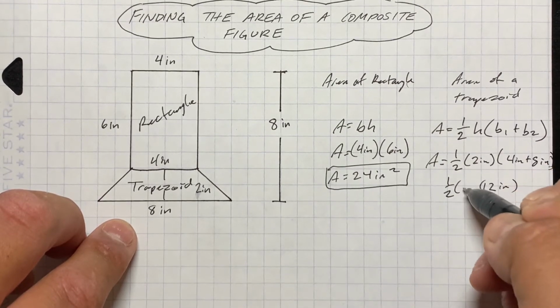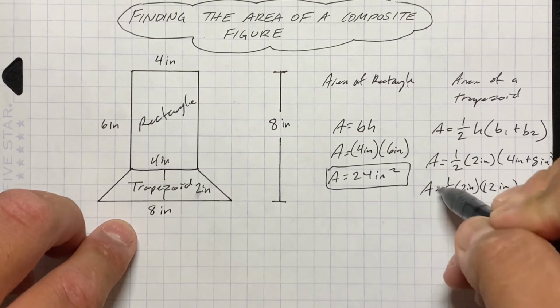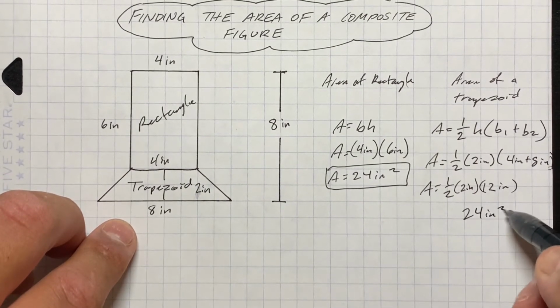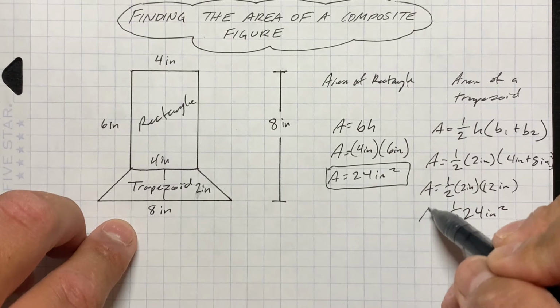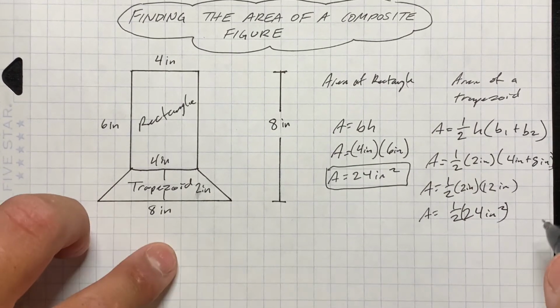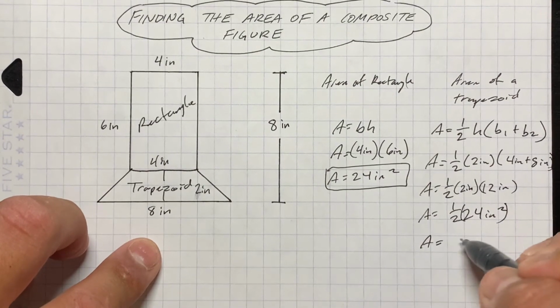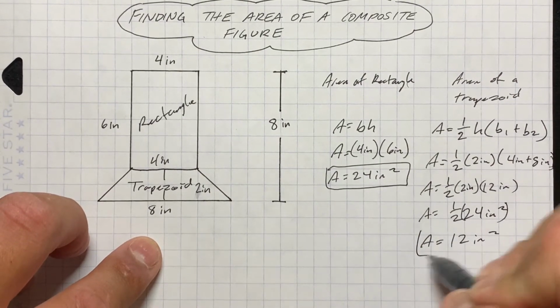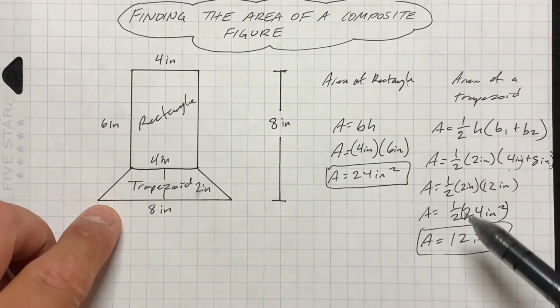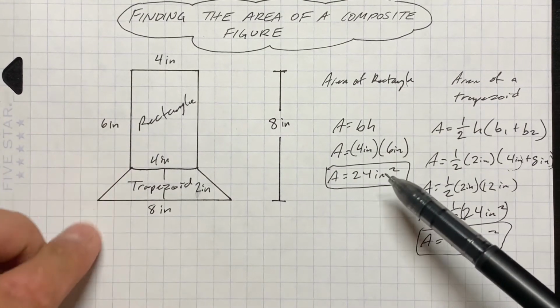Let me just bring everything else down. And then we just multiply. 2 times 12 is going to be 24 inches squared. And don't forget you have to multiply that times half. Half times 24 is going to equal 12. So the area equals 12 inches squared. So you, my friends, found the area of the trapezoid and found the area of the rectangle.